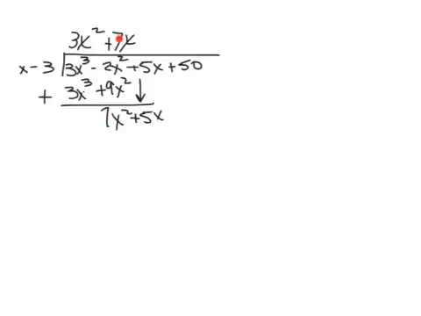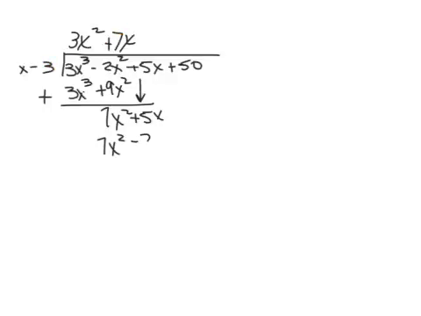Alright, now we're going to take this times this. Before we did this times this and got that. Now we're going to do this times this. Again, those will always, always, always be the same. Then we're going to take this times this.